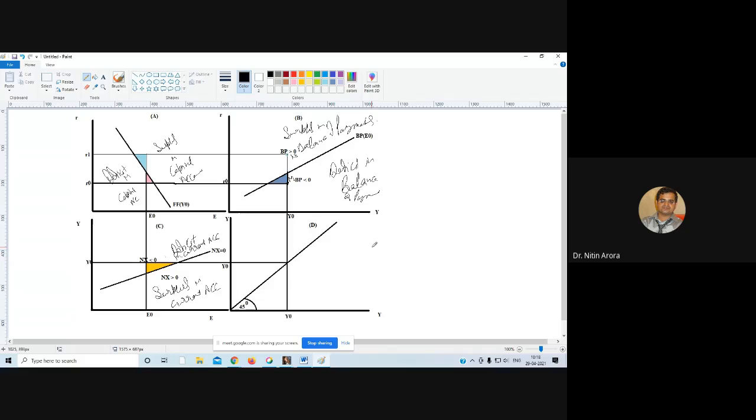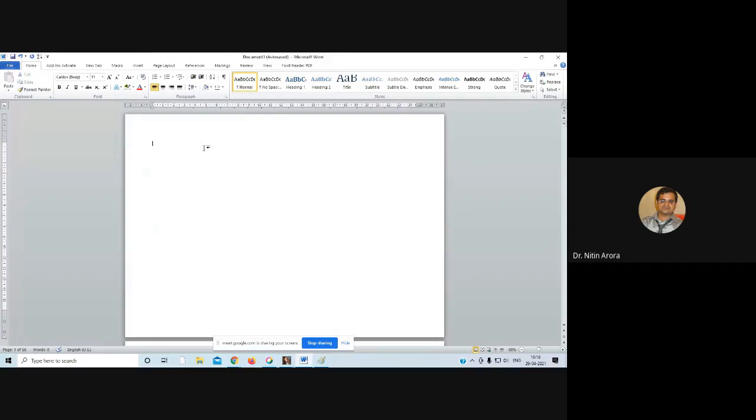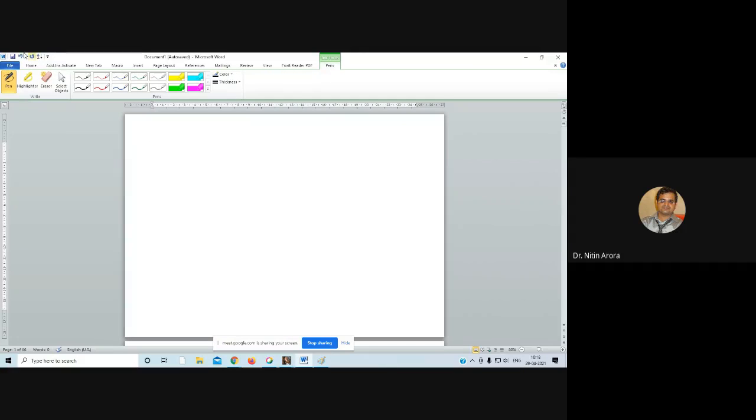Once we have discussed the derivation and situation of balance of payment curve, now let us discuss the situation of general equilibrium in an open economy.